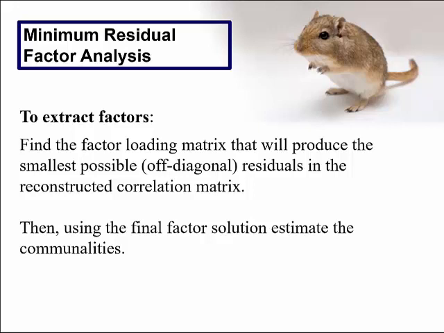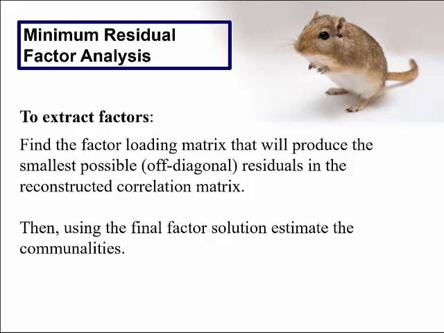So to think about this approach, let's go back and consider how we extract factors. I've been talking about all along this process where we try to find factor loadings that we can use to create a factor score, such that that factor score will explain as much as possible of the variance in each x variable.